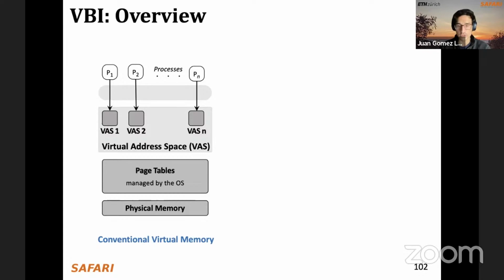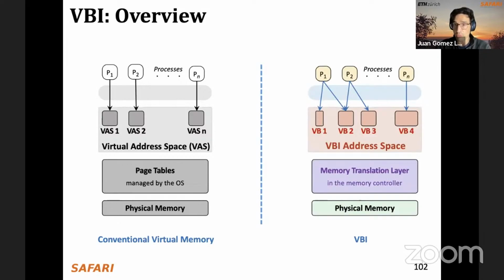for new scenarios such as systems with processing in memory capabilities, or virtualized environments, or systems with hybrid memories that require hybrid memory management, and so on. And so what VBI proposes is to have different VBI address spaces that can be accessed by different processes, and these VBI address spaces are completely configurable.